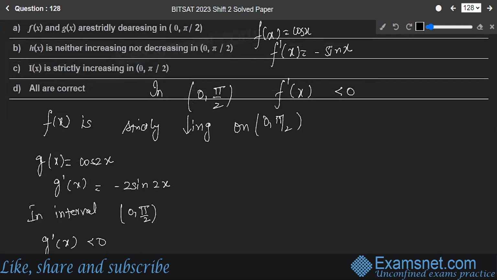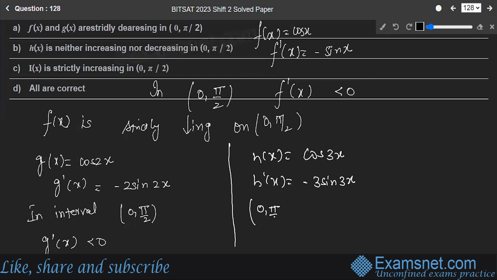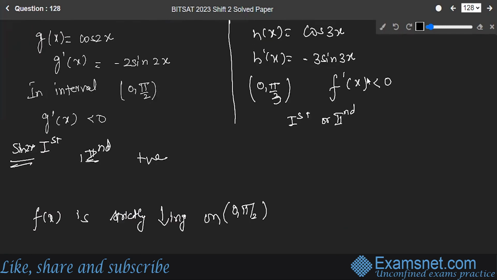Okay. Now the third one, which was your h(x) is equal to cos 3x. So you have h dash x is equal to minus 3 sine 3x. Right. Again, take the interval 0 to pi by 2. First of all, I'll take the interval 0 to pi by 3. In the interval 0 to pi by 3, this derivative is less than 0 because sine 3x will lie in the first or the second quadrant, which will give you a positive value. So h dash x is a negative value.